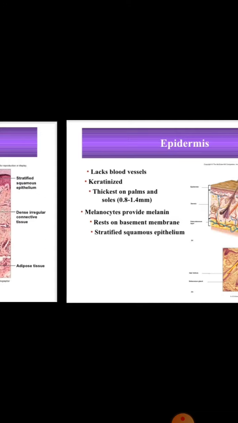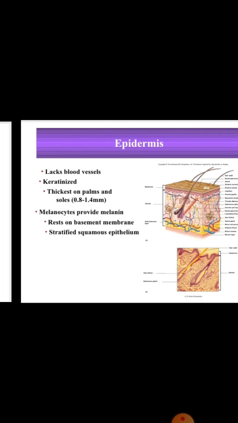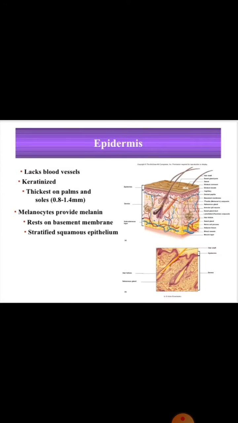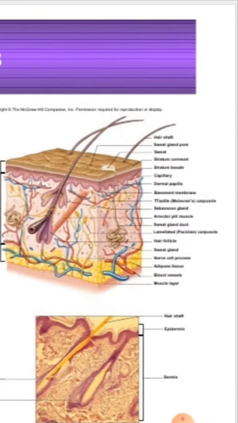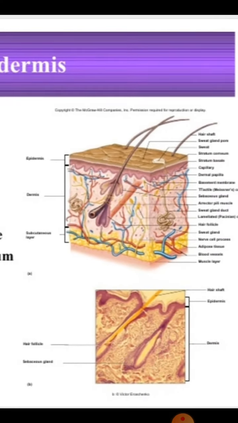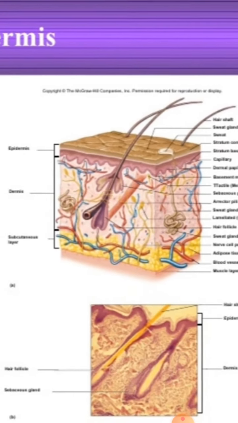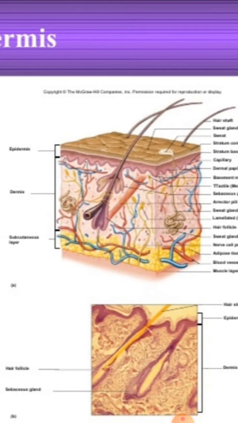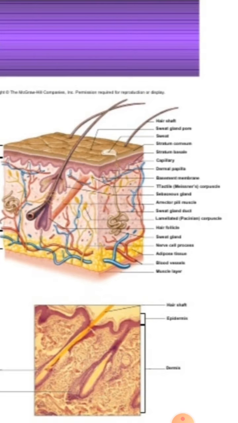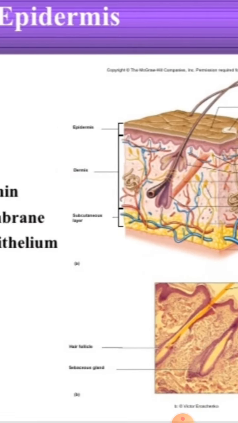So from the very first layer, that is epidermis, now we will talk about the epidermis. First of all, look at the diagram. This epidermis layer, then dermis, then subcutaneous layer. There are hairs, then sweat glands, then capillaries, vessels, all these are present over here.